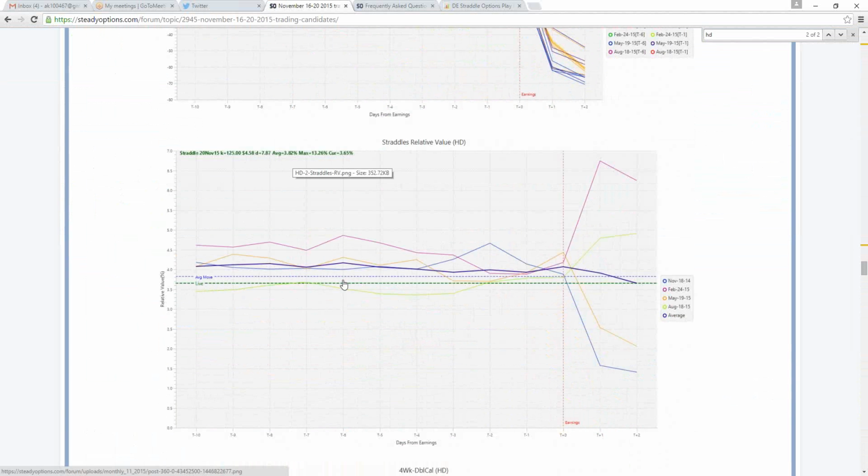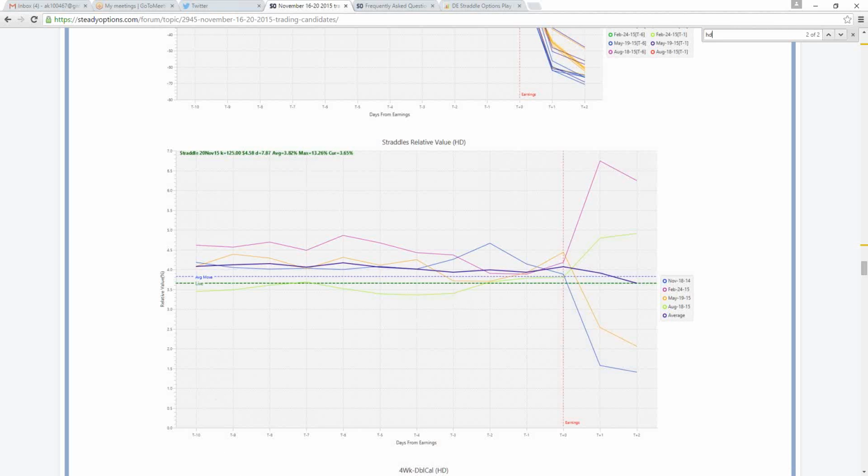Because if we enter at this price, as you can see, and we basically entered 3 trading days before earnings, so pretty much here, as you can see, in some of the cycles, the price was actually lower. So I wanted to see it more or less here, which is more or less 3.4% of the stock price.